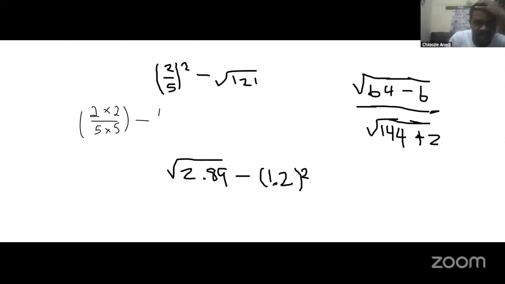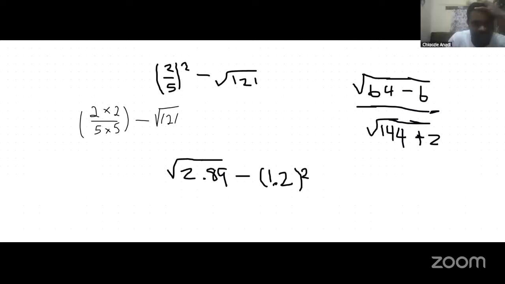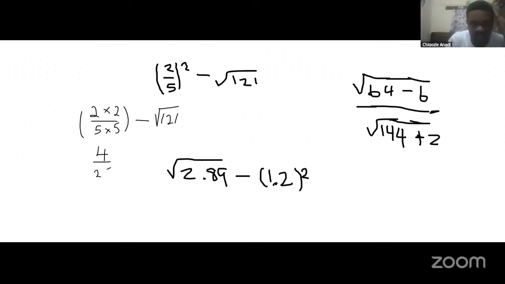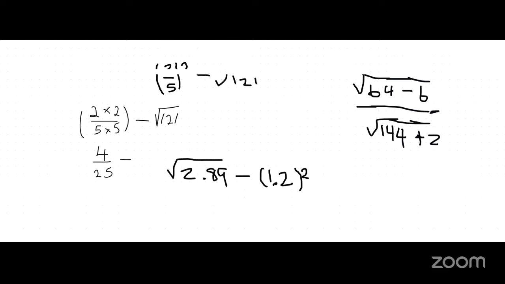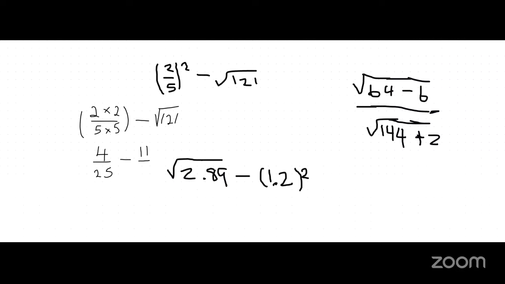Now, what is 2 times 2? 4. 5 times 5? 25. Very good. Minus, what's the square root of 121? 11. So this is 11 all over 1.